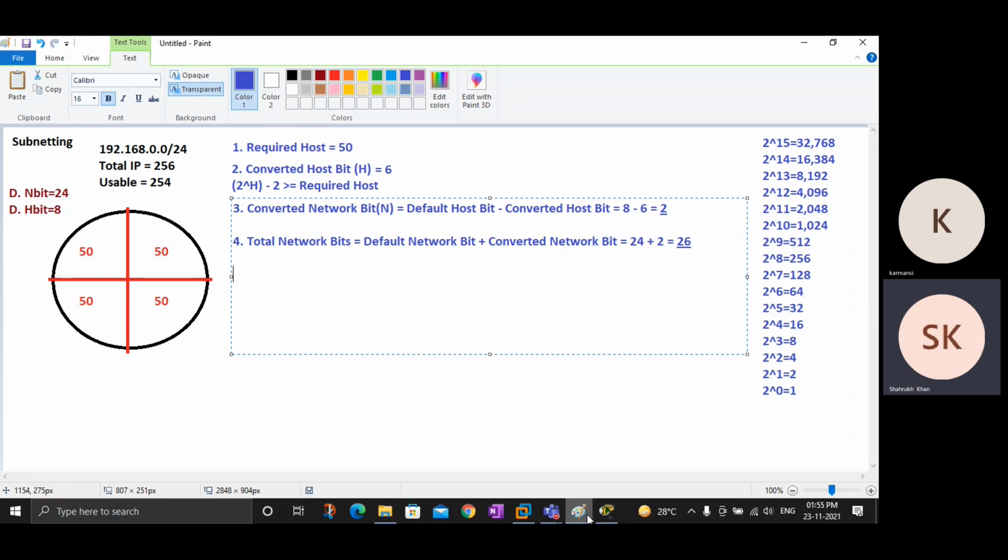We first checked how many hosts we required in a single subnetwork, the new network that we will be creating. Then converted host bits. Default host bits were 8 in class C. So for calculating that value, we have a formula 2 raised to the power h minus 2, and the value should be greater than the required hosts.